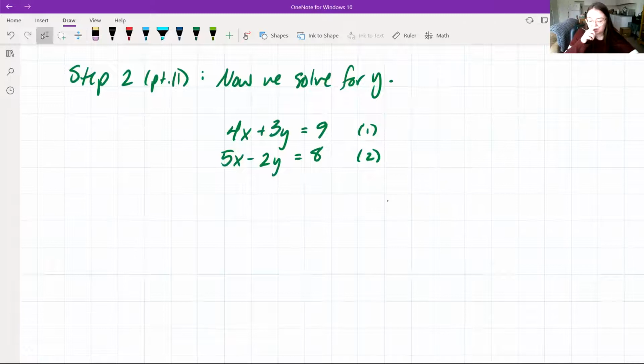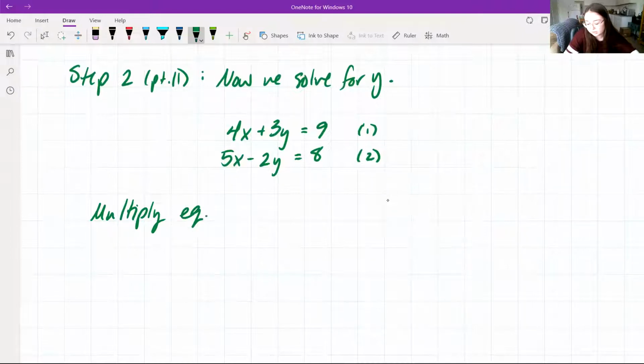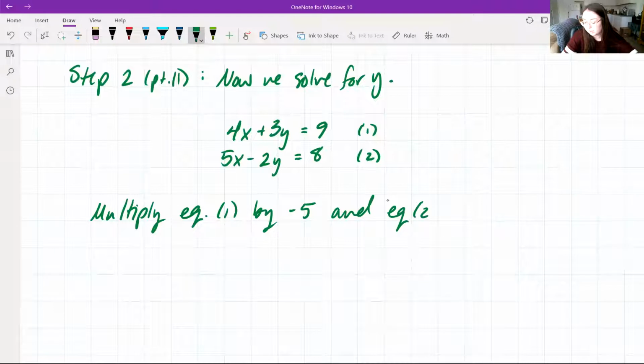So if we want to cancel out x, let's multiply equation 1 by -5 and equation 2 by 4.